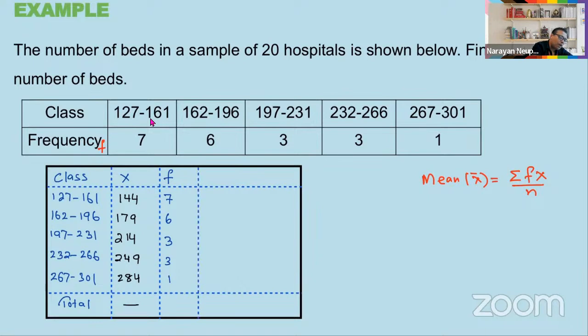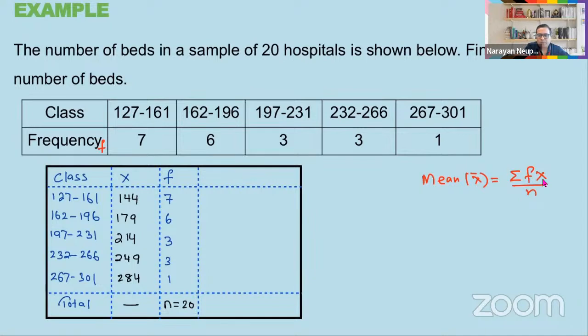And if you add all the frequencies, that will be your n. In this case, if you add all frequencies, that is equal to 20. So clearly you can see that you have your n that goes here in the formula.